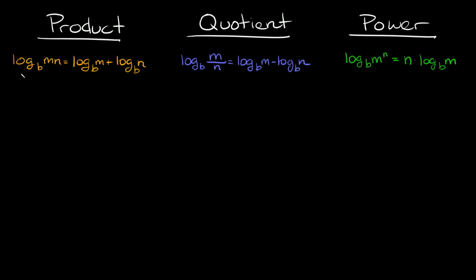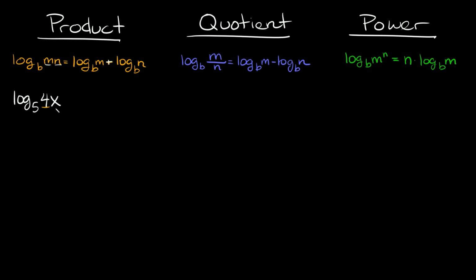So the product property just says if you have something like log base b of two numbers or two terms, here we're calling them m and n, you can break those up into their own logarithms as log base b of m plus log base b of n. Okay, so for example, if we had something like log base 5 of 4x.